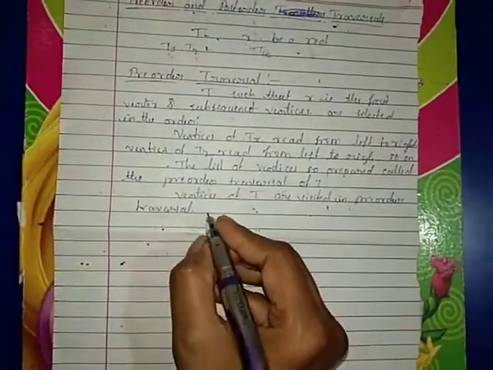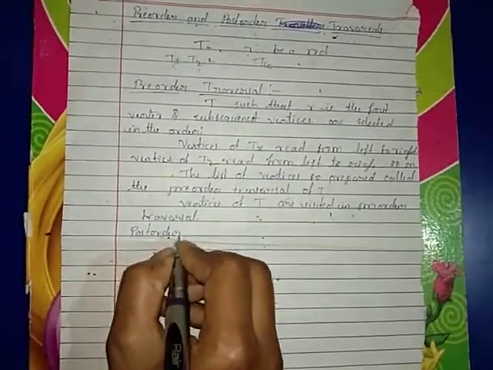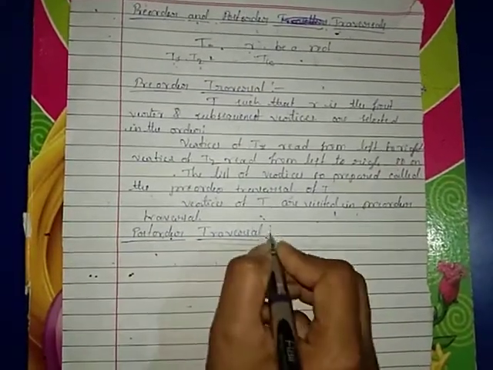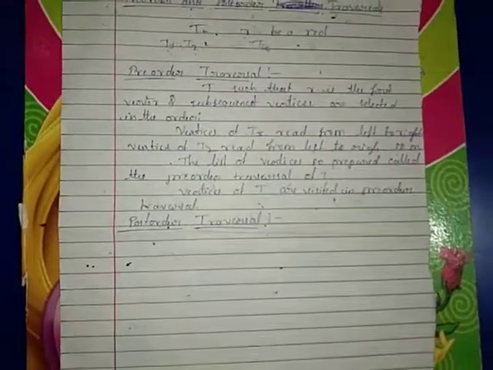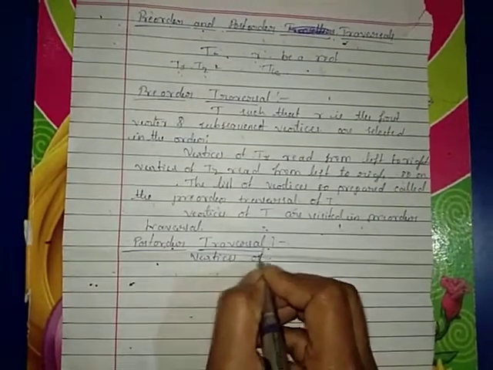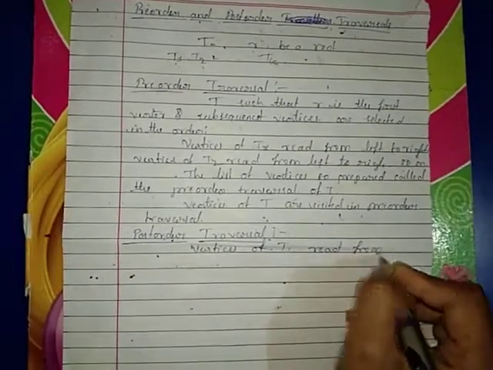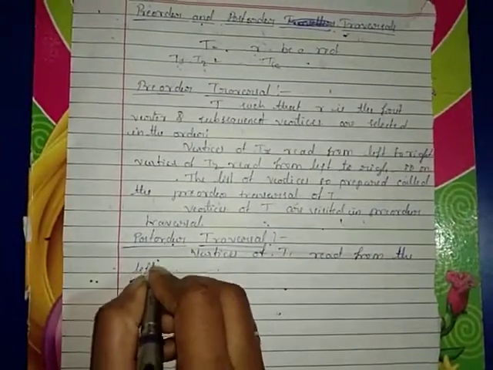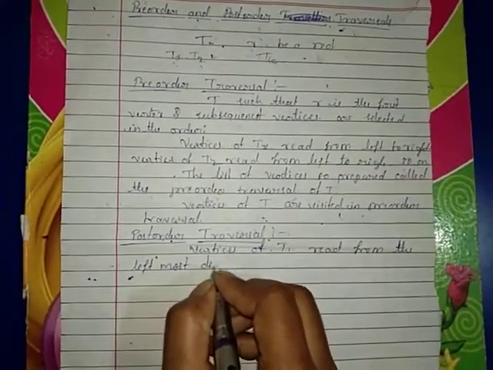Next I am going to the post-order traversal. Post-order traversal is also a list of the vertices of T. Those will be selected in the order: the vertices of T1 read from the leftmost descendant.